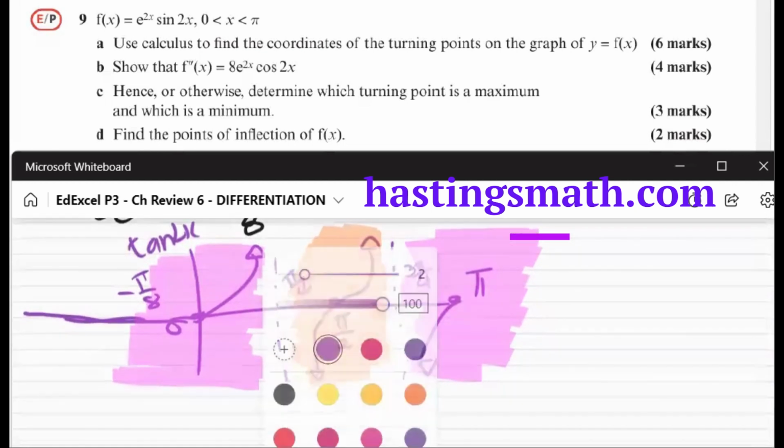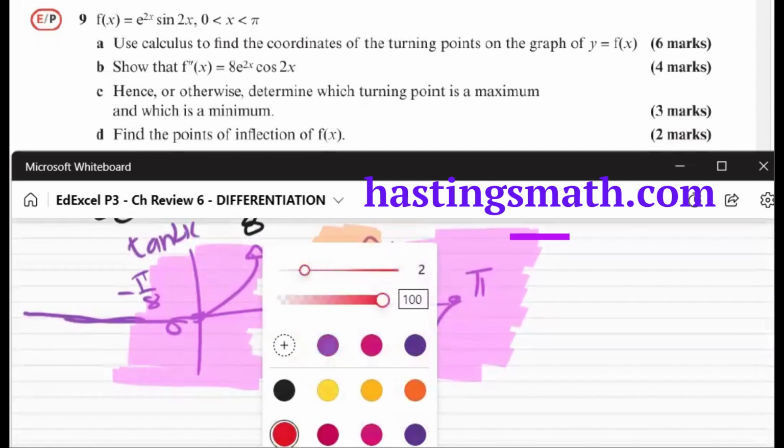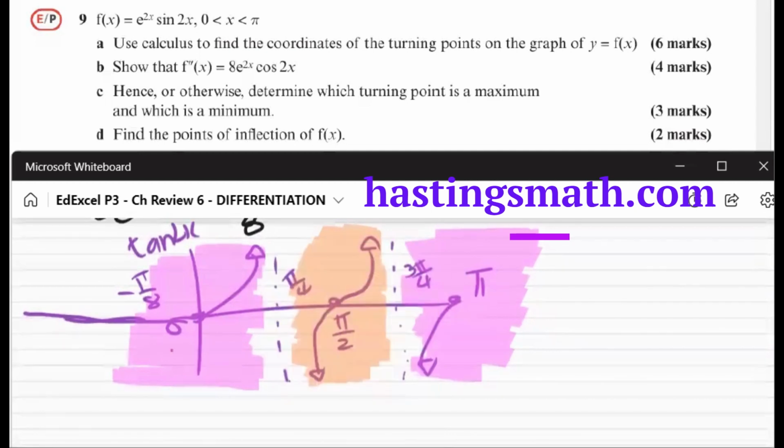Okay, let's grab another color. So we're going from our negative pi over 8, and we're plussing pi over 2 each time. We do our certain amount of repeats, and we're going to end up somewhere over here. Oh, let's draw that a little clearer. So we go plus pi over 2. We end up on the graph somewhere over there.